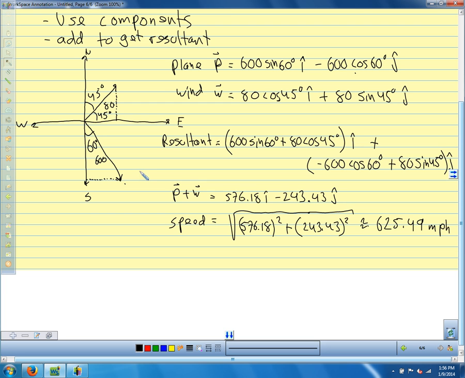So it's getting a little bit of a tailwind in the horizontal direction. Now the wind's blowing kind of against it in the vertical direction, but that's pretty small compared to its overall speed. So it's getting a little boost in the horizontal direction. So it makes sense that it could be going a little bit faster. If we got that it was going way faster, 800 miles an hour, maybe we want to check our work. Or if we got that it was going way slower, like 200 miles an hour, we may want to check something.